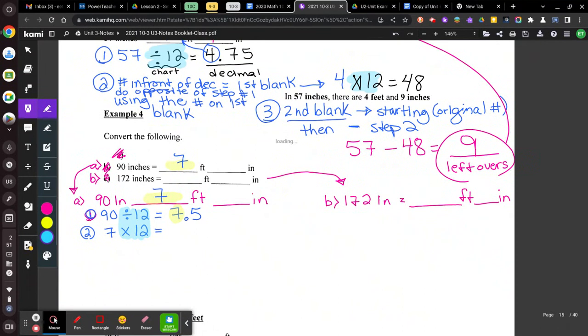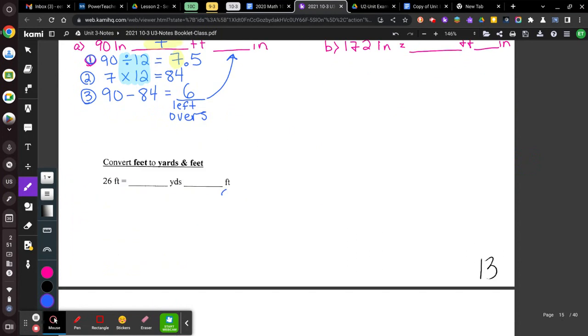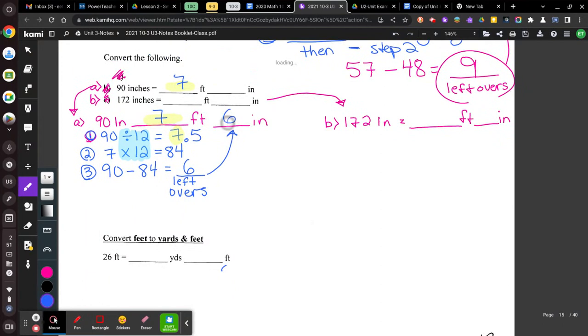So now we times by 12, we're going to get 84. Last step, take your original number, subtract step 2, 84. This gives you your leftovers. That's your last blank. So that gives me 6.